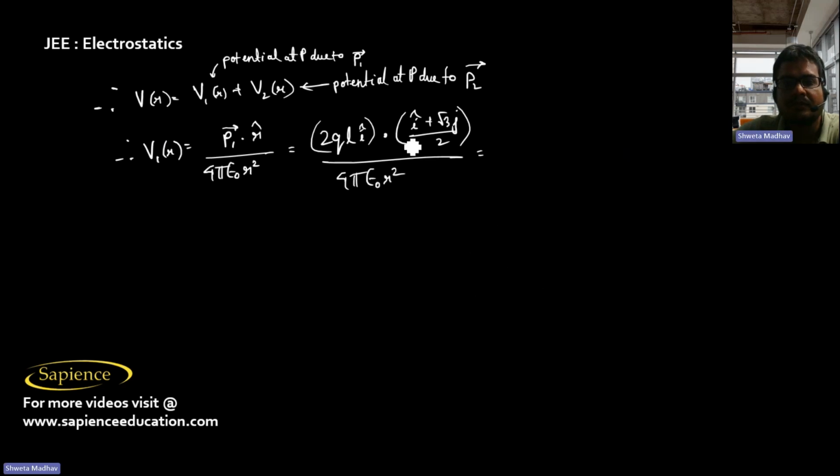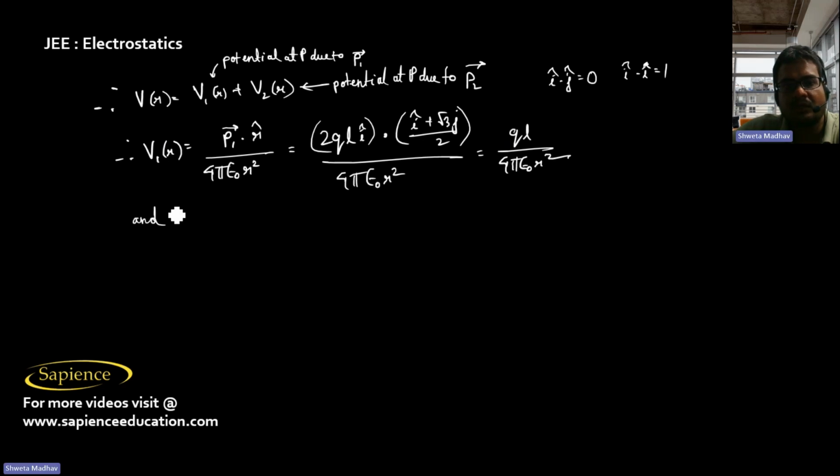So I cap dot I cap is 1, and I cap dot J cap is 0 obviously. So therefore 2QL into half, that is QL by 4 pi epsilon naught R square.